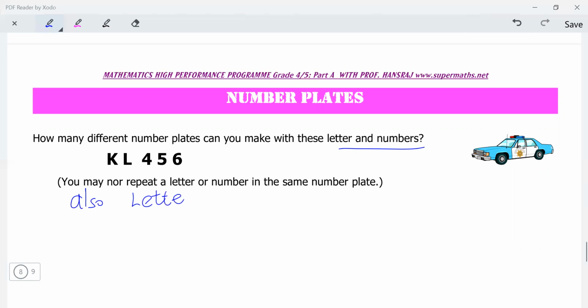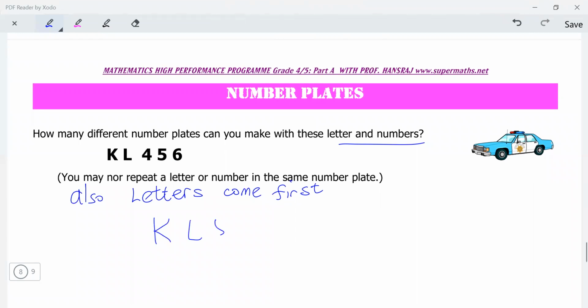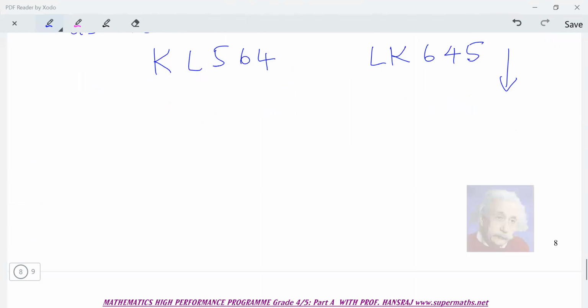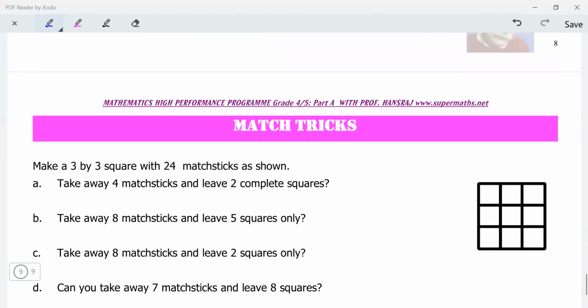So let us assume in this problem that letters come first. In other words, you can't mix the L and the K into the numbers, like 4KL56 is not allowed. But KL564 is allowed. Okay, and you could even have LK645. How many can you make up like this altogether?